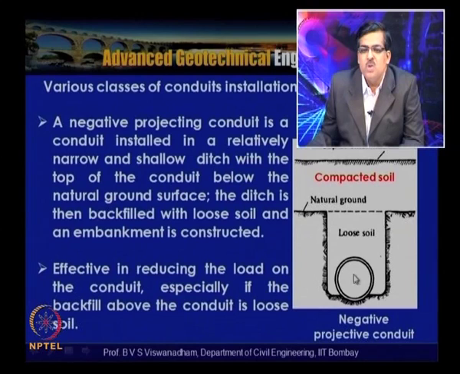So a negative projecting conduit is a conduit installed in a relatively narrow and shallow ditch with the top of the conduit below the natural ground surface. The ditch is then backfilled with loose soil and the embankment is constructed.